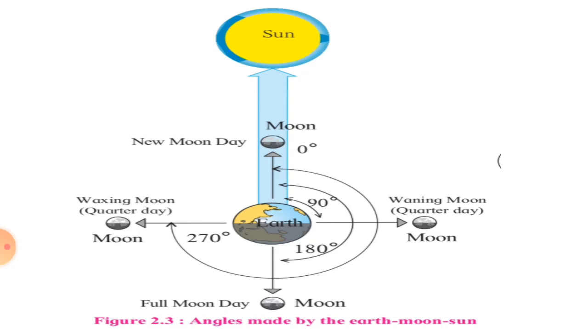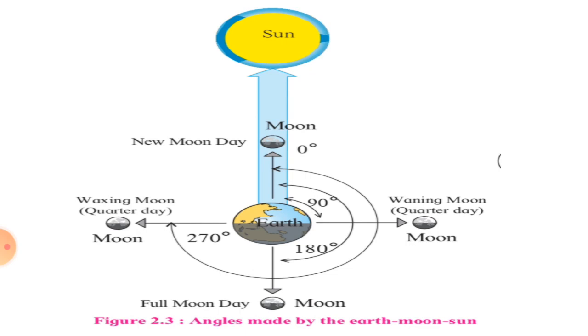Dear students, see the figure 2.3, angles made by the earth, moon and sun. Here sun, earth and moon, it makes an angle of 90 degree.